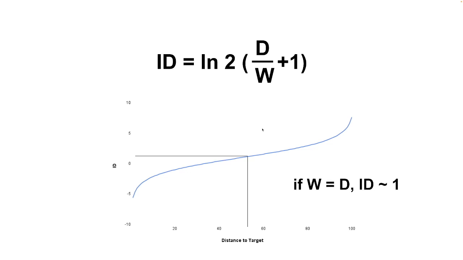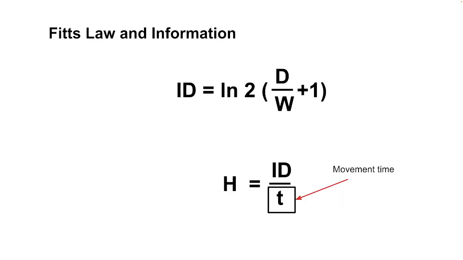So we can see here there's an intersection of this function with the intercept with 0 on the ID path, and then we have it's about a 55 distance to target. So we can actually make predictions of how W relates to D looking at this graph, and we can actually figure out what the optimal signal to noise ratio is.